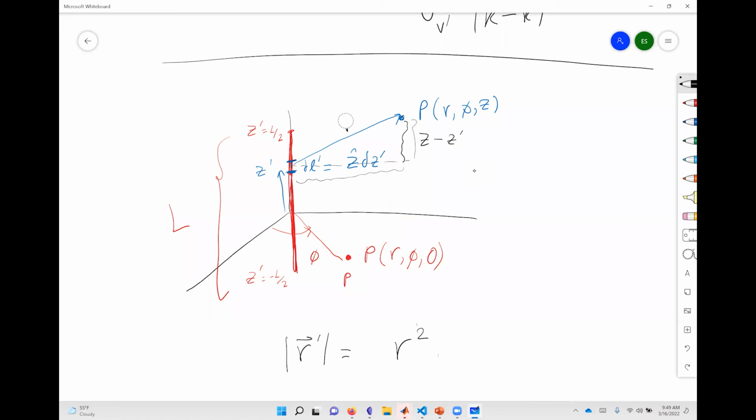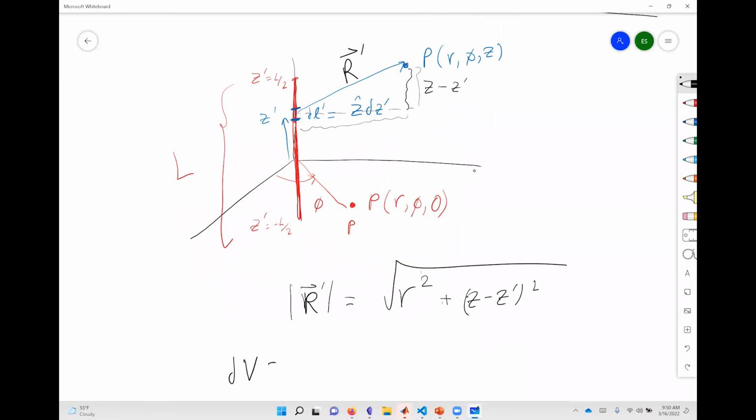Because it implies that small r is for the cylindrical. Let me use capital R here and use prime. That's a little bit confusing in the book. So R capital prime magnitude is just the square root of R squared plus Z minus Z prime squared. This is the magnitude, and it is going to be in the denominator.